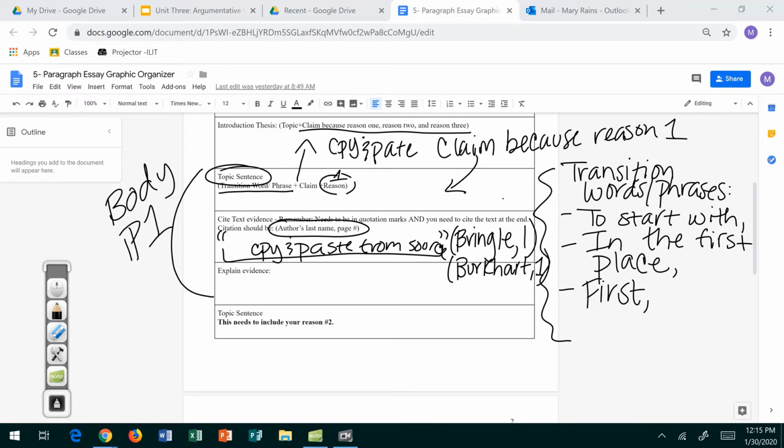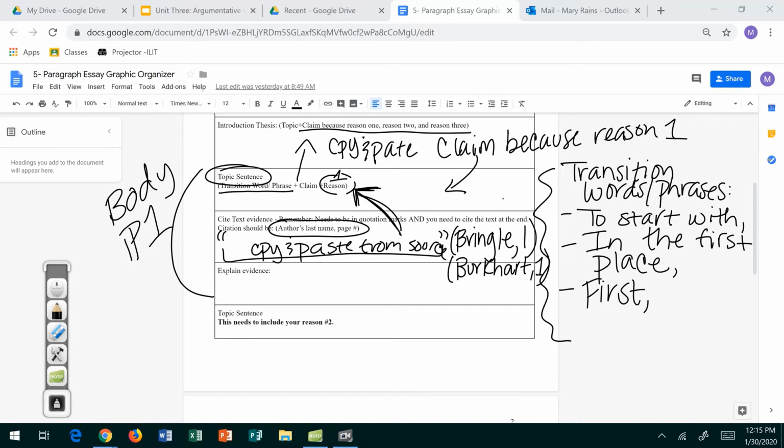The only thing I want you guys to be aware of is that whatever you put in those quotation marks that came from the source, it needs to support your reason. It should not be completely different from the reason that you have given, because that is not the best piece of evidence to support that reason, and you will be docked points for that. So don't just copy and paste a random sentence or one that you think is interesting, so you're just going to interject it there. It needs to be why you came up with that reason one in the first place.